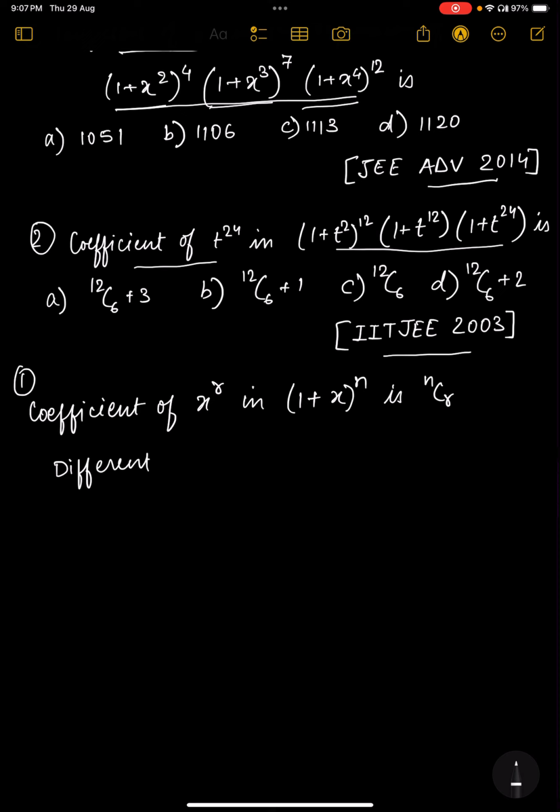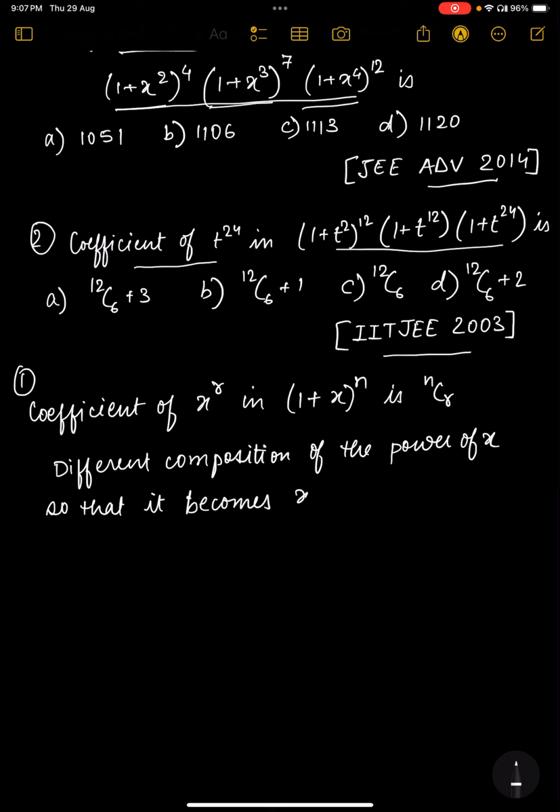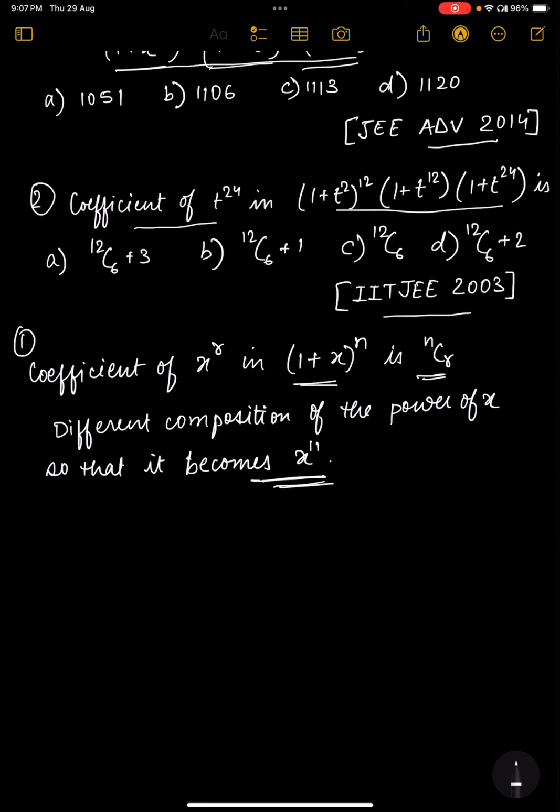So, we have to find different compositions of the power of x so that it becomes x to the power 11. Correct? Now we know what the possible coefficient can be if we have an expression like this, and we have to find the different compositions to make it x to the power 11.